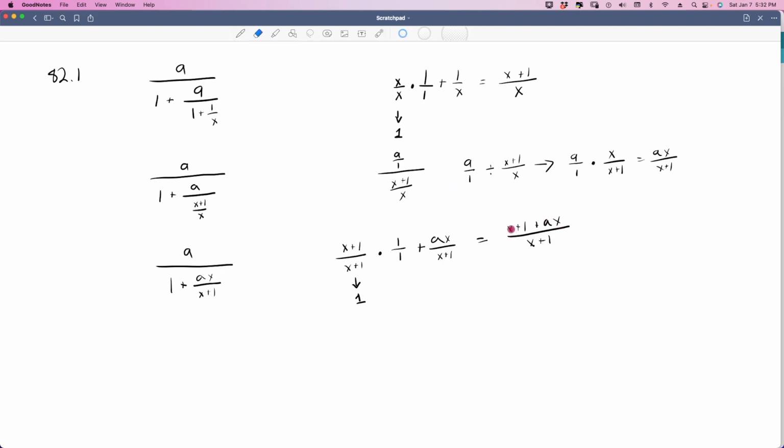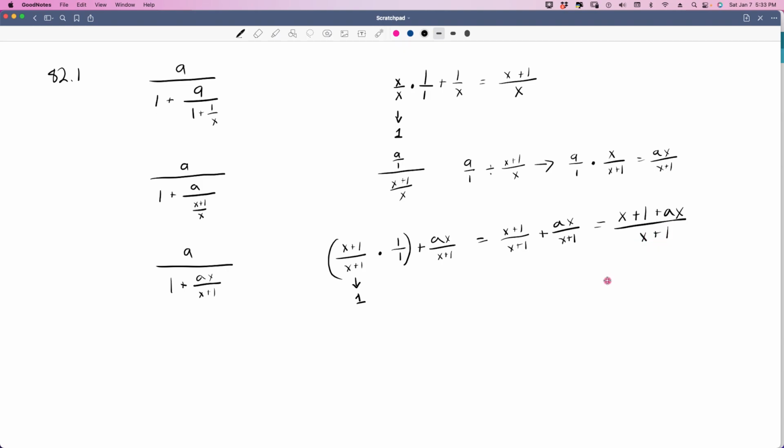So what we really did was this. Let me show you. I skipped a little step. So what we did was we multiplied this first, and we got x plus 1 over x plus 1 plus ax over x plus 1. Well, because these are the same denominator now, we just pushed it all together. x plus 1 plus ax all over x plus 1.